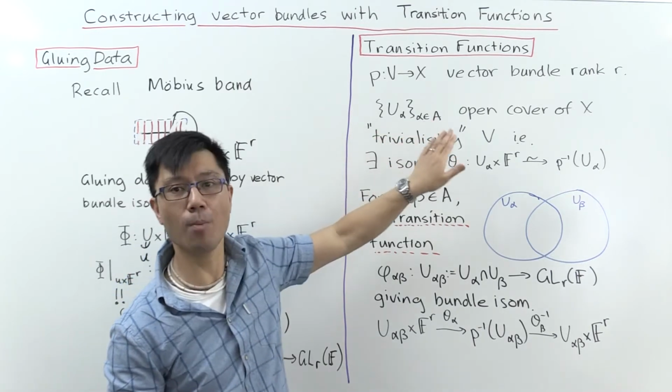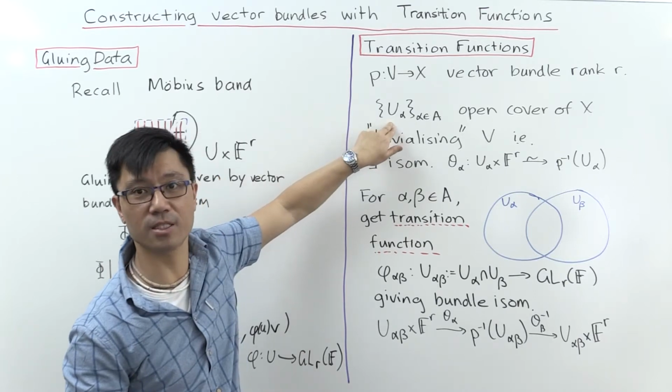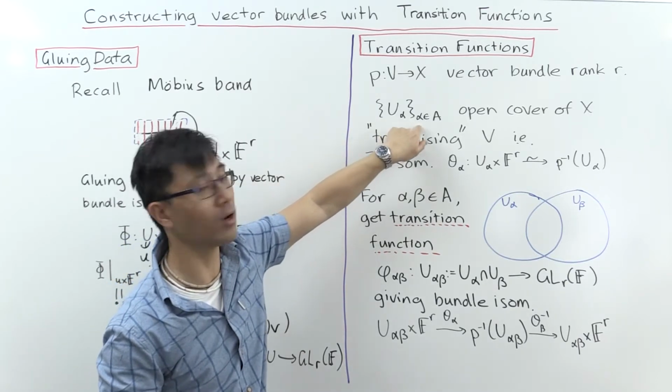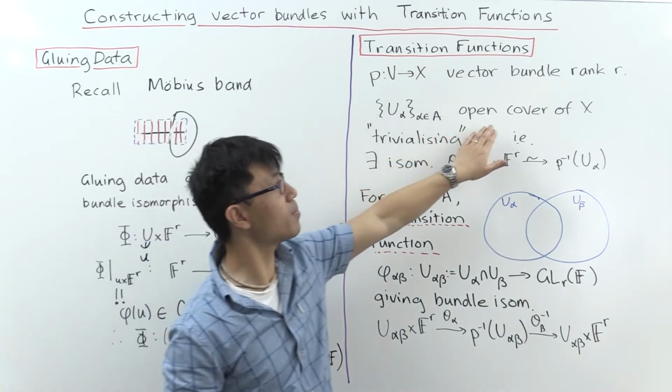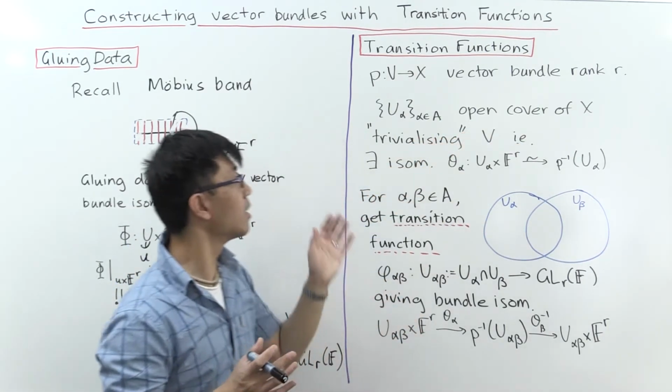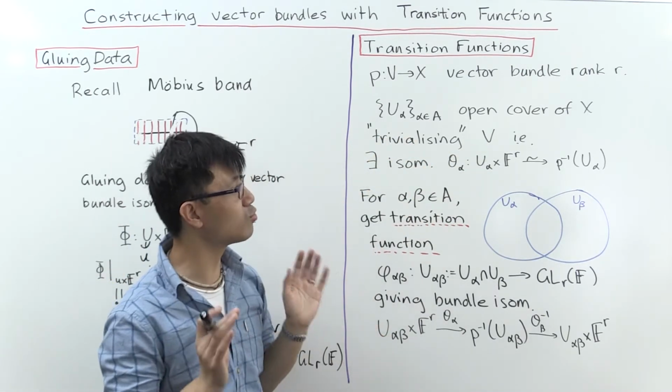And suppose we have an open cover of this X, and the open cover is given by these U alphas, where the alpha ranges over some index set A. And we're going to assume that on this open cover, this vector bundle trivializes. Okay, so what does it mean, trivializes?